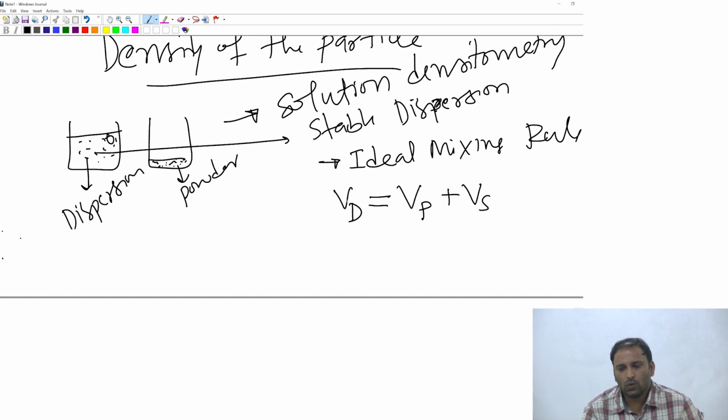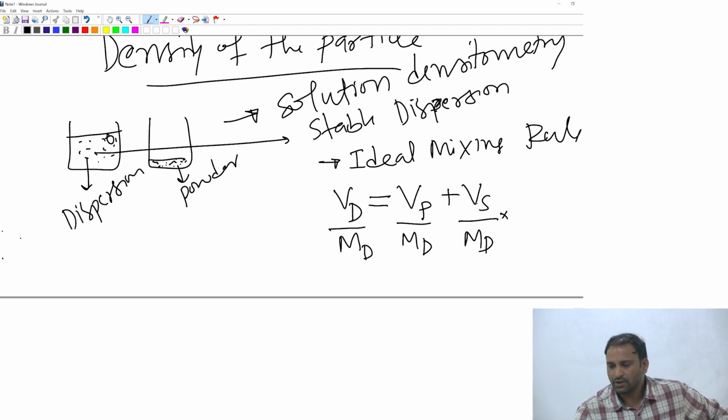Now, what I can do is manipulate this equation. One of the things that I can do is divide this by the mass of the dispersion, everywhere. Now I'm going to multiply this Vs by Md term.